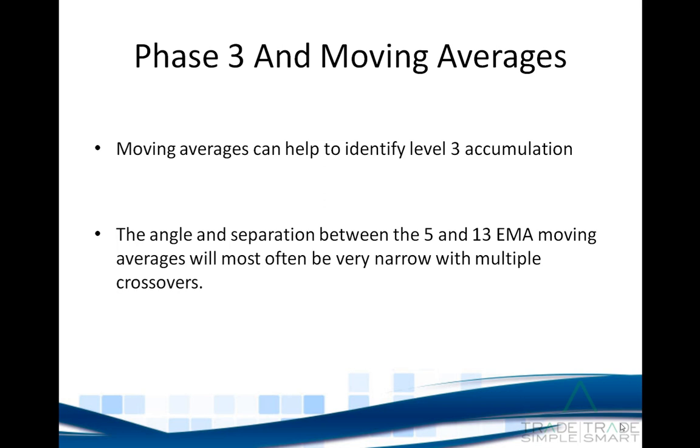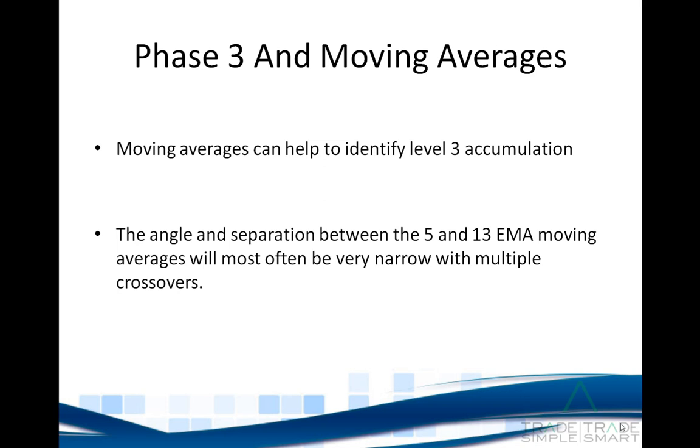This will be down to your own experimentation, but if you plot two shorter term moving averages, you will notice that during the 3-stage cycle leading into level 3 accumulation, you will have very few crossovers, and the angle and separation between the two moving averages will be a lot wider.